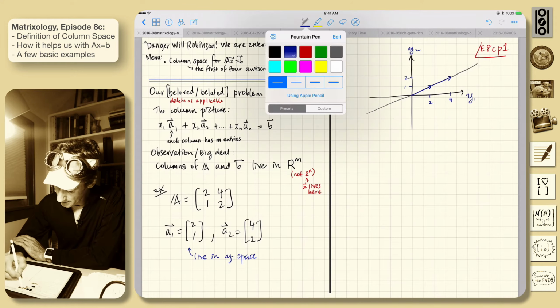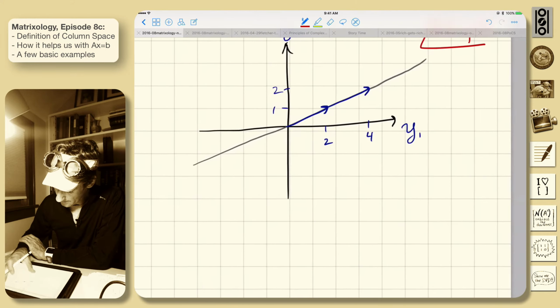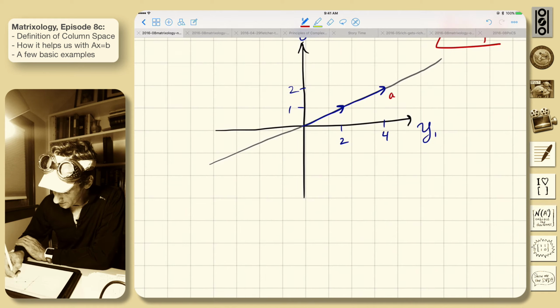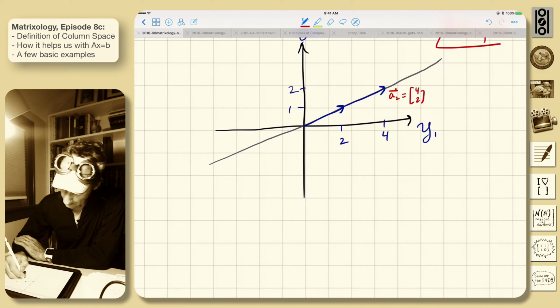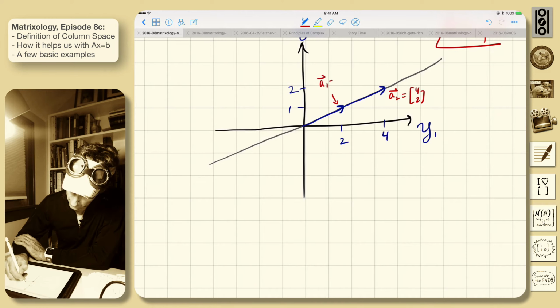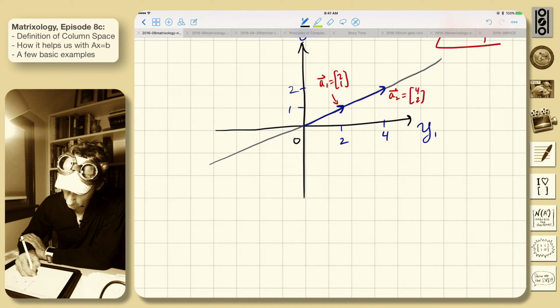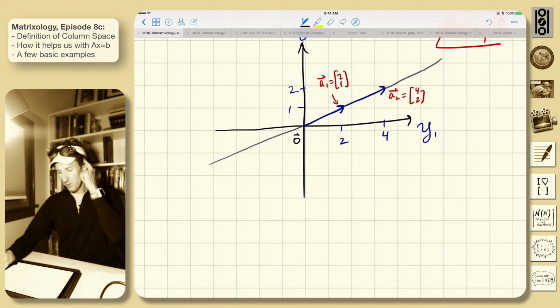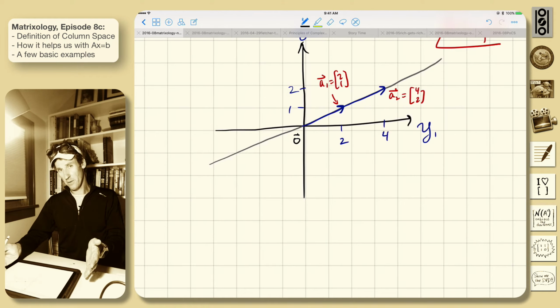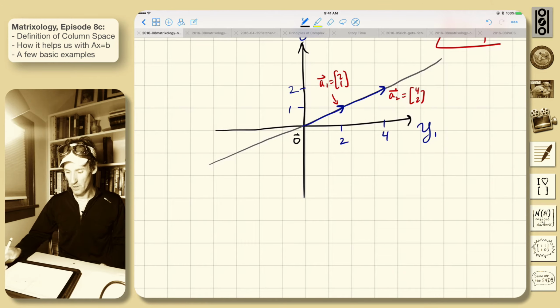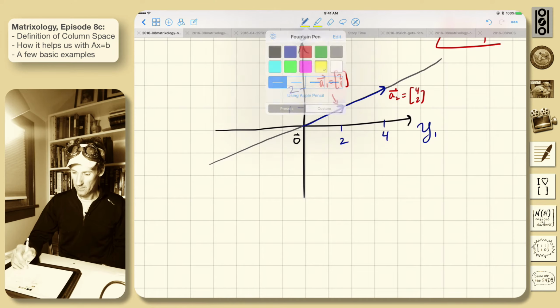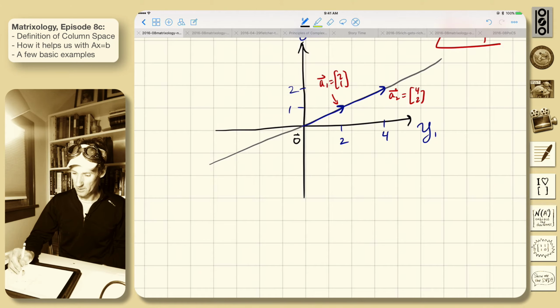So this one here is a2 equals (4, 2), and then a1 is here, equals (2, 1). Let's put in a zilch, 0 vector is there. So you can see that any combination of these, any linear combination of a1 and a2 will just take you up and down, what have I done? This line.